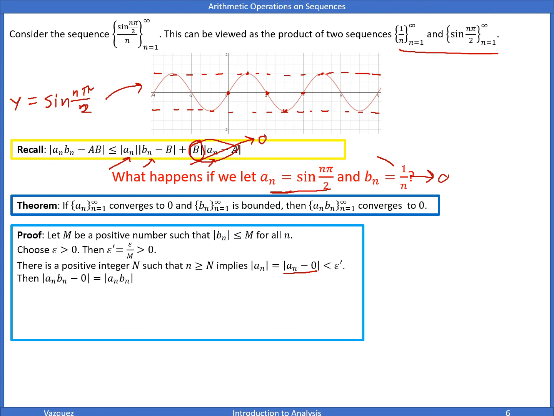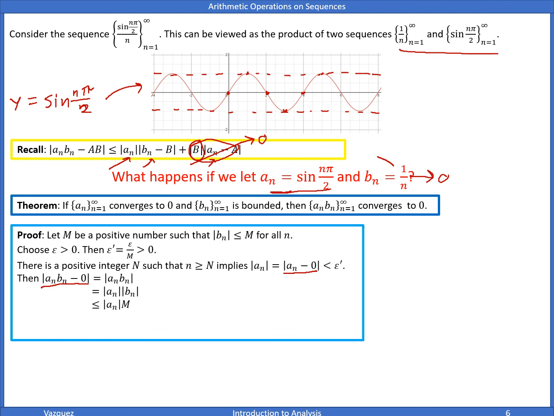And now we're going to use our equalities and inequalities to show that an times bn converges to 0. Well, the absolute value of an times bn is equal to the absolute value of an times the absolute value of bn. Again, a lot of students make the mistake of writing less than or equal to here, but it's actually just equal to. We're not adding, we don't have any addition, so it's just equal to.